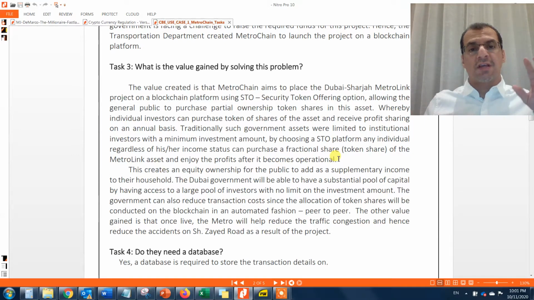Instead of targeting, let's say, 1,000 high net worth individuals, now you can target, let's say, 500,000 to 1 million people with smaller share offerings. And this opens up the opportunity for these infrastructure projects to leverage and improve their way of selling their token share ownerships, right?